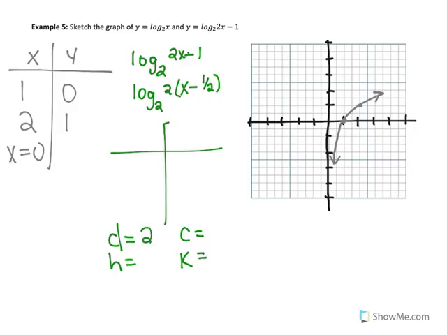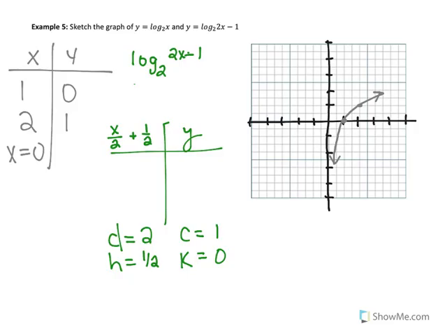Our d value is 2, and our h value is 1 half. Our c value is 1, and our k value is 0. So once again, y is not changing. And our x value is going to be divided by 2, and then we're going to add a half. Alright, just kidding. I read this whole question wrong.